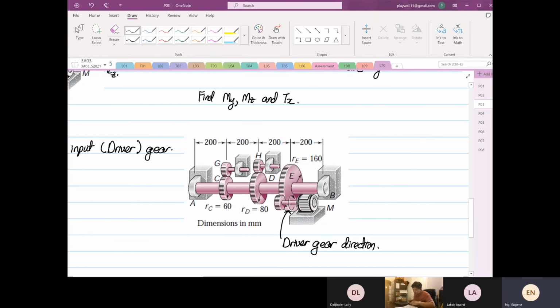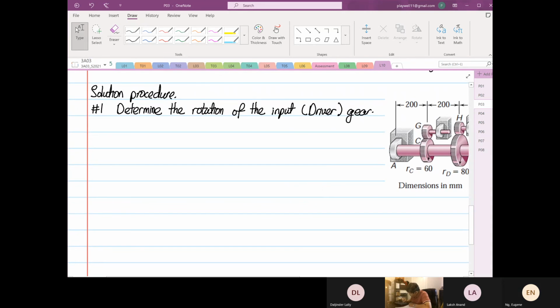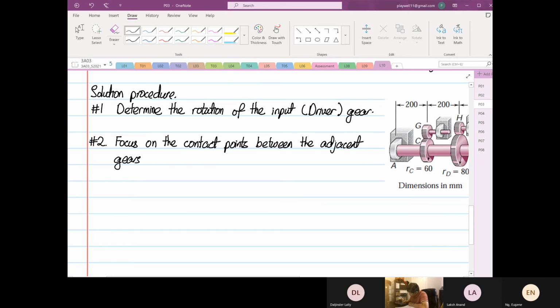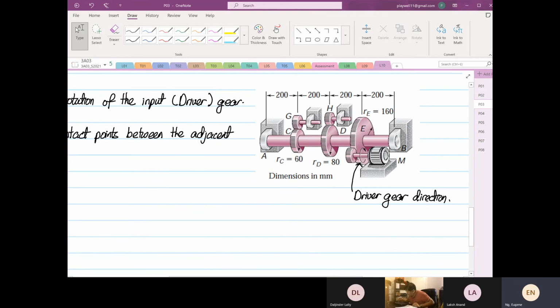Once you get that, the next thing you're going to do is focus on the contact points between the adjacent gears, like what I highlighted earlier.